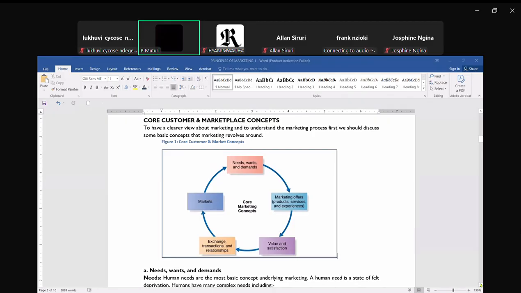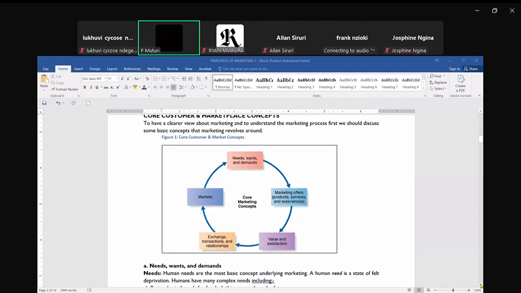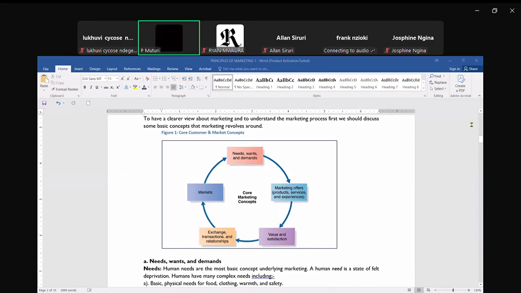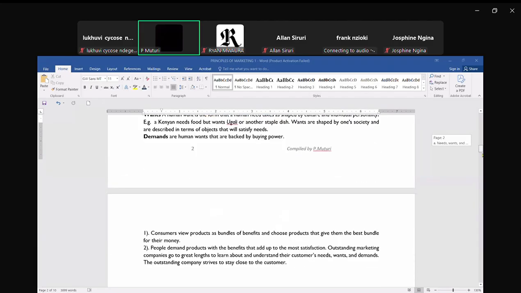To really understand, at the core of marketing are these key elements or key concepts. Needs and wants, we did define all those. The core marketing and customer concepts. Yeah, so that is just to recap.